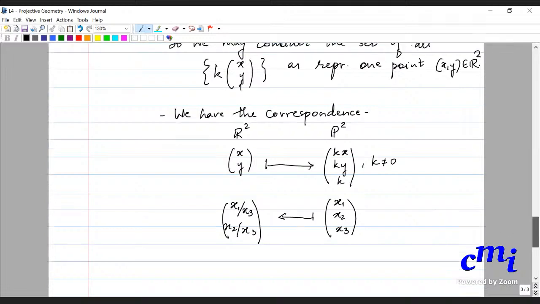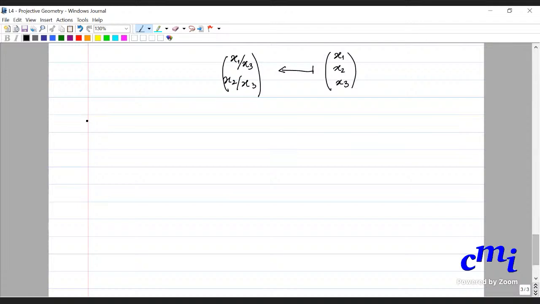So let me talk about some results. Some simple results which I am stating because we might require them later. One, the point, so I'm going to call it a bold small x. For that bold, I will just underline. This is the notation for a homogeneous point.